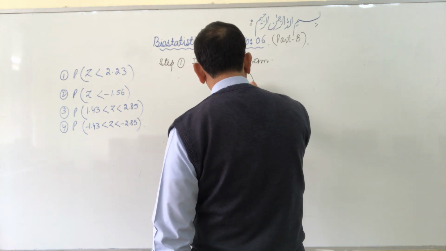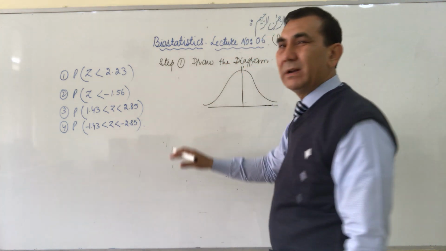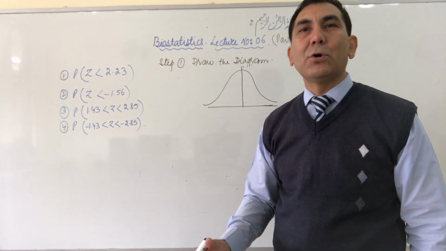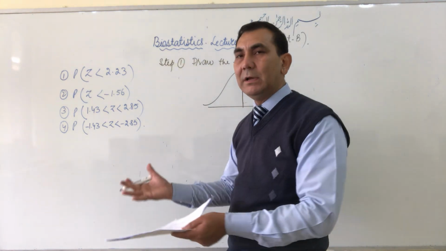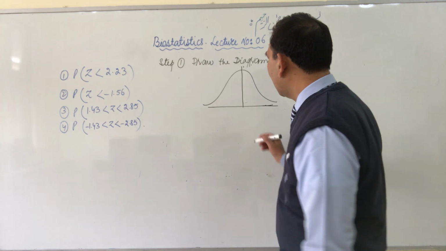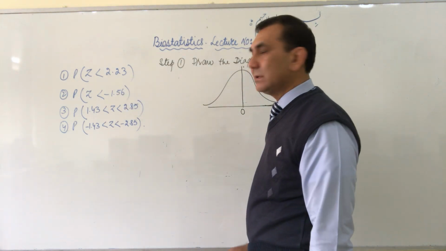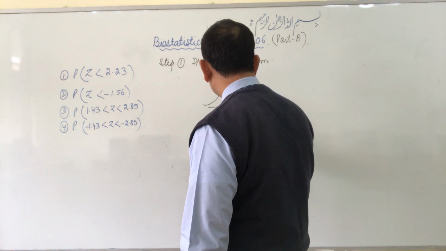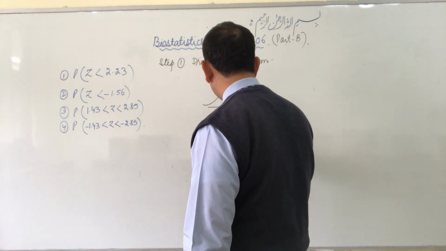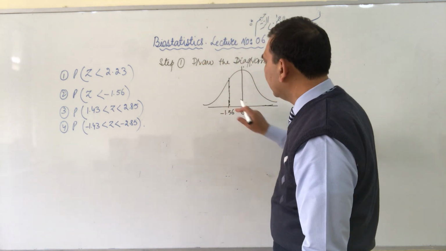When you draw the diagram and shade the area properly, it means you have solved 75% of the probability area question correctly. Now the value is minus, so we write minus 1.56 on the left side of 0.